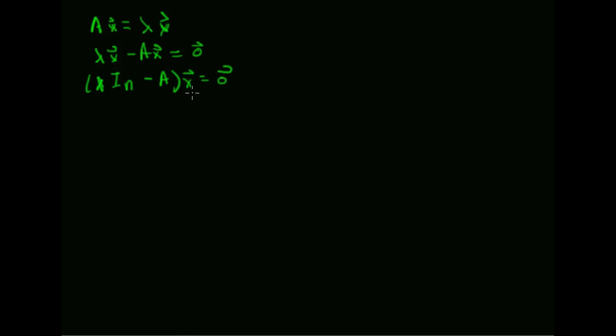Now note, by the definition of an eigenvector, that vector cannot be 0. So this means that I have a homogeneous system of equations, because this is some matrix, we'll call it B. Bx is equal to 0.